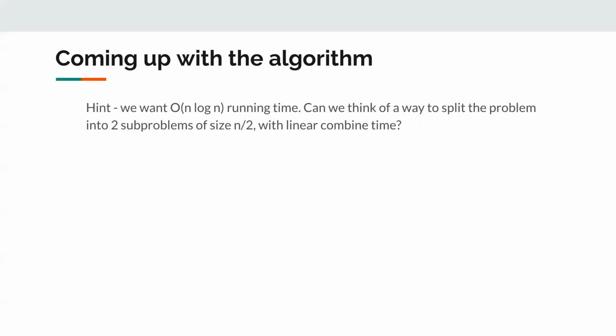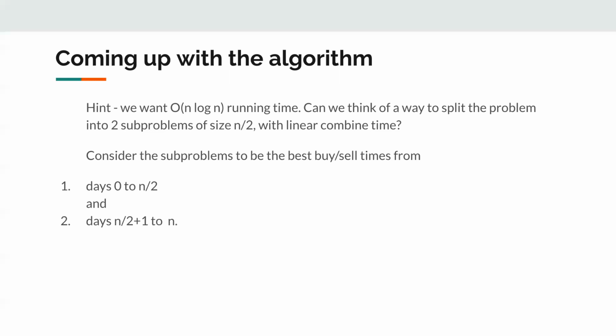So let our subproblems be the days from 0 to n over 2, and then the days from n over 2 plus 1 to n. We just split the price array into half, and consider the best buy-sell strategy if we're only looking at the first half of prices, and the best buy-sell strategy if we're only looking at the second half of prices. That would be your subproblem.